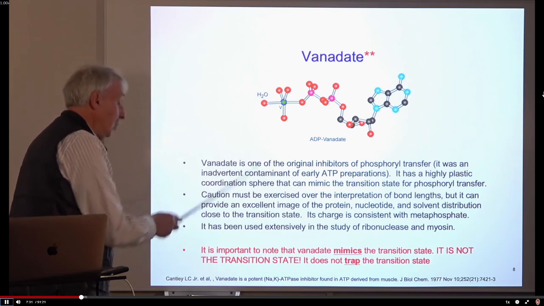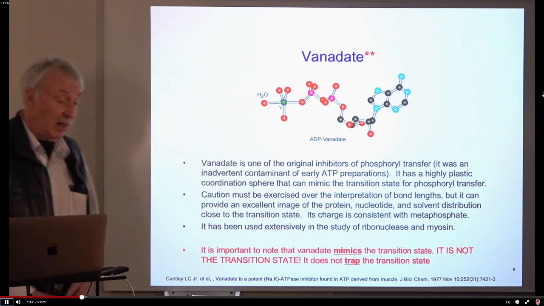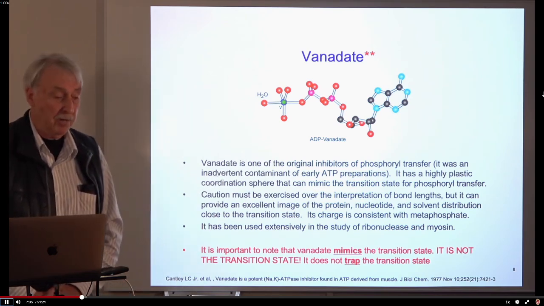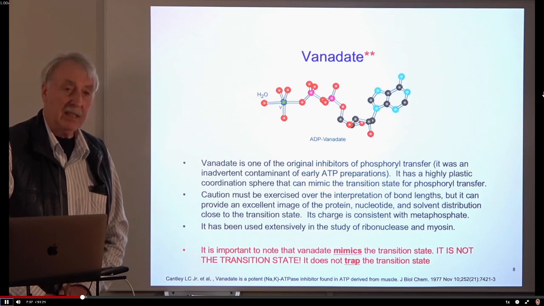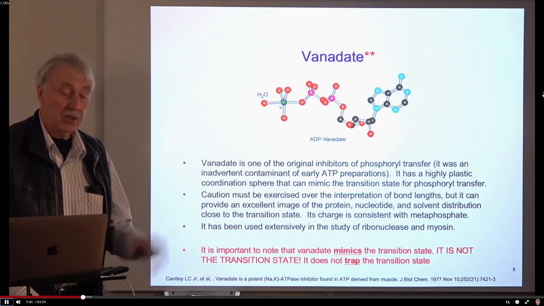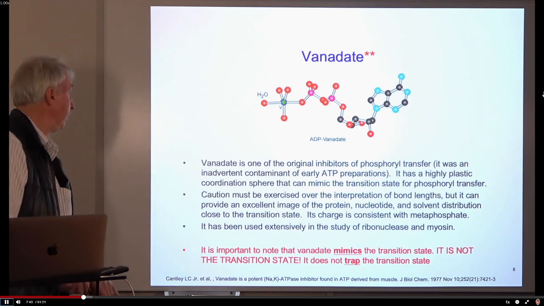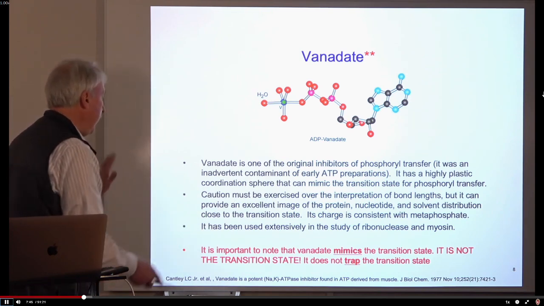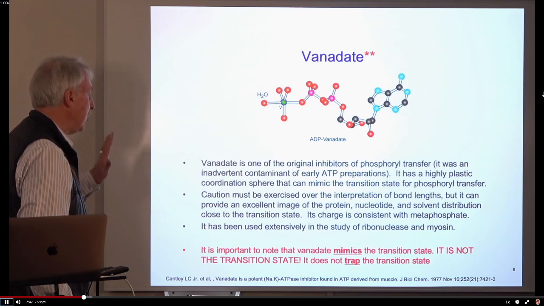Interestingly, this was discovered as an inhibitor, as a contaminant in one of the early isolated ATP materials that you could buy from Sigma. It's a terrific inhibitor, and it mimics the transition state.